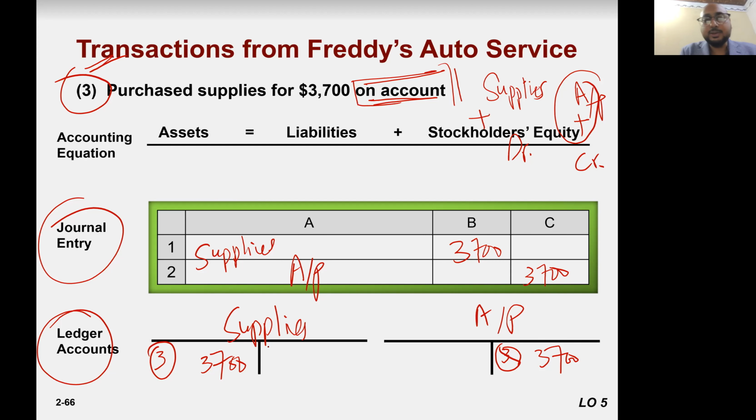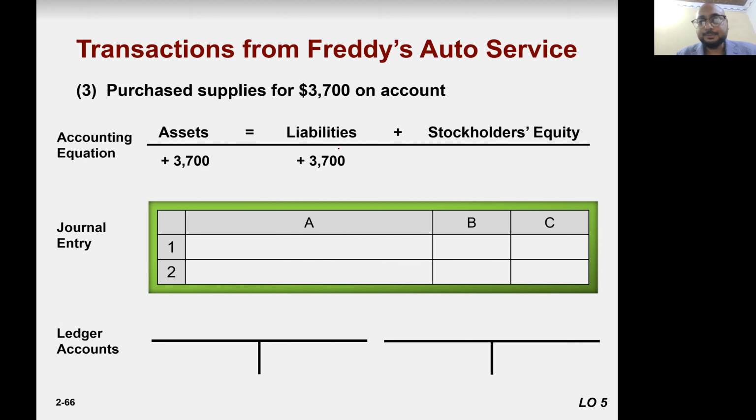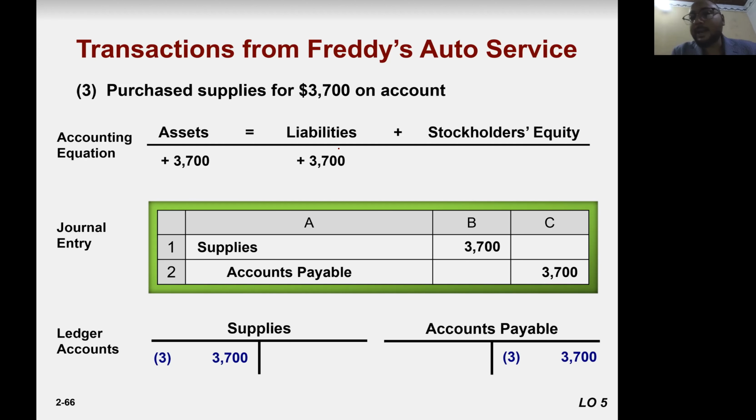This accounting equation is balanced. Yes, 3,700 is going to be added to assets. 3,700 is on the liability side. So everything is balanced here. Understand?